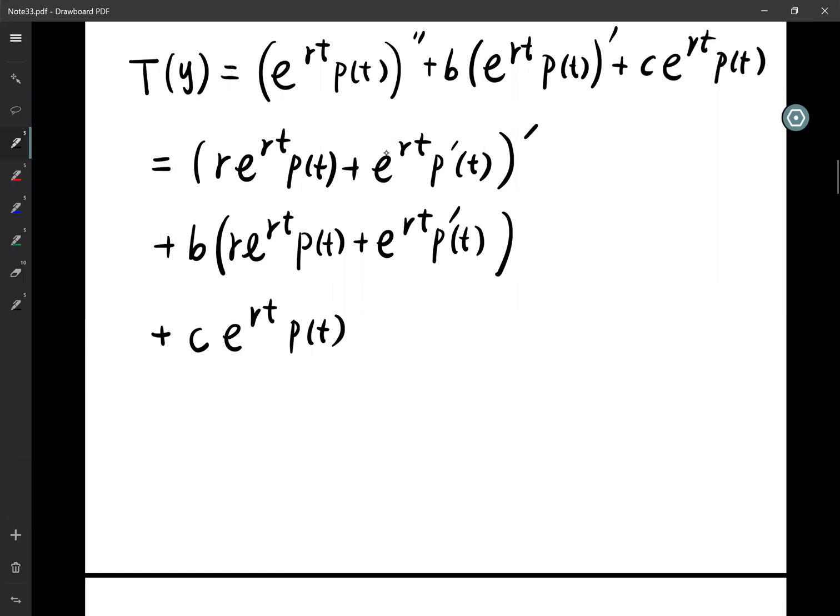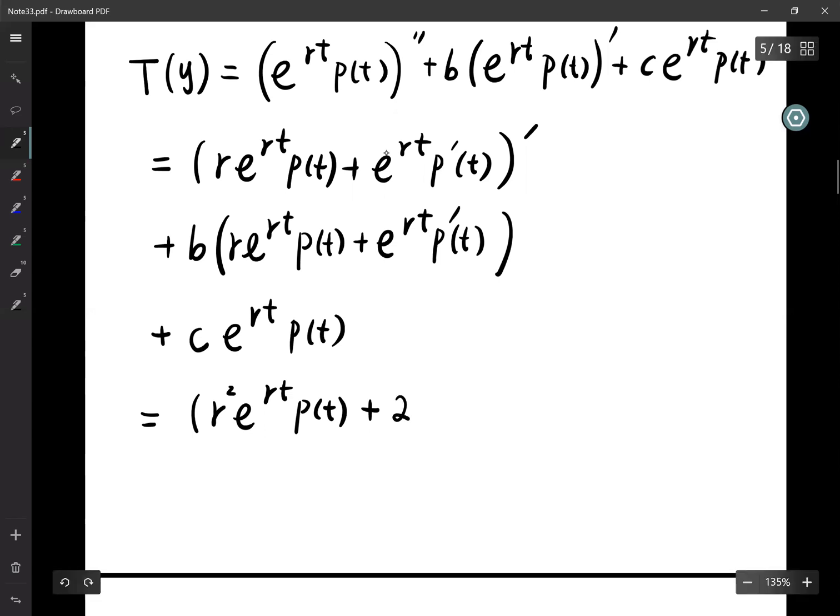I need to compute that derivative again. So let's just do the computation. The first one is r squared e^{rt}p(t). The second term is I take a derivative with respect to p(t). This will be the same as the term that came out if I take a derivative with respect to e^{rt} here, so I have a factor 2, r e^{rt}p'(t).